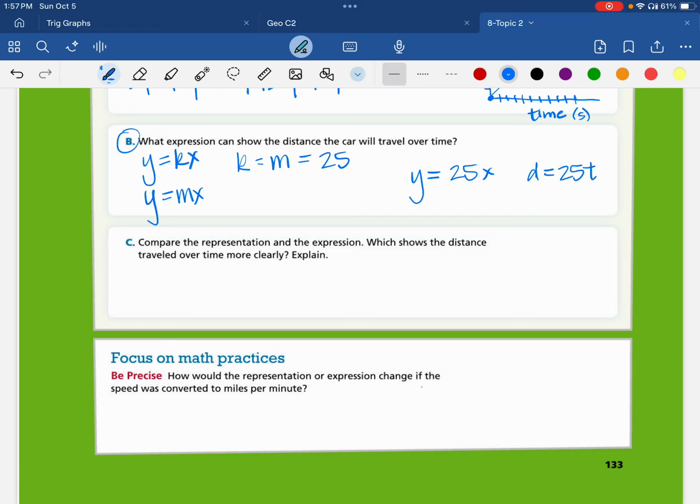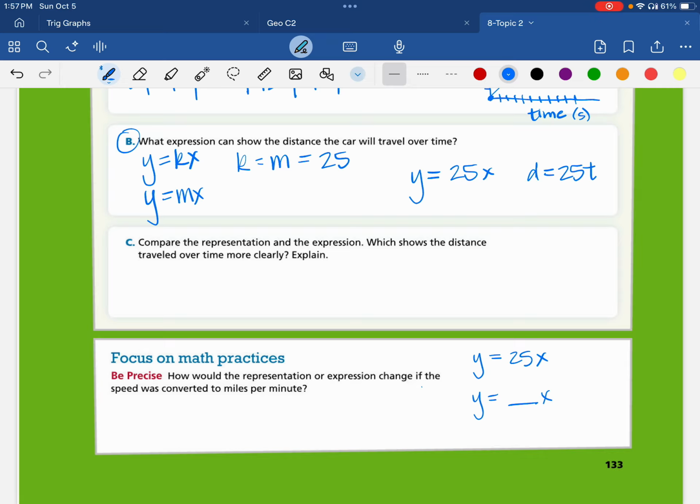And the output that we get is going to be different because we're looking at miles instead of meters. But in general, it's going to look very similar. The graph is still going to be a straight line that goes through 0. Your equation, the y equals 25x, is still going to look very similar to that. You are just going to have some other rate in there in terms of miles per minute instead of meters per second.